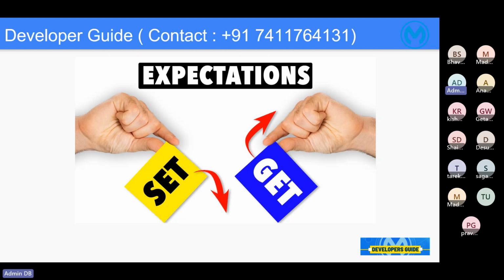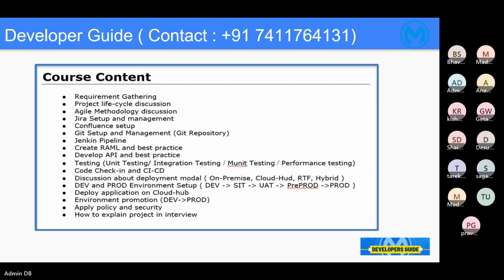In this real time project, we will start with the project development lifecycle, which will start from requirement gathering. In requirement gathering, I will explain how to create the functional design document.